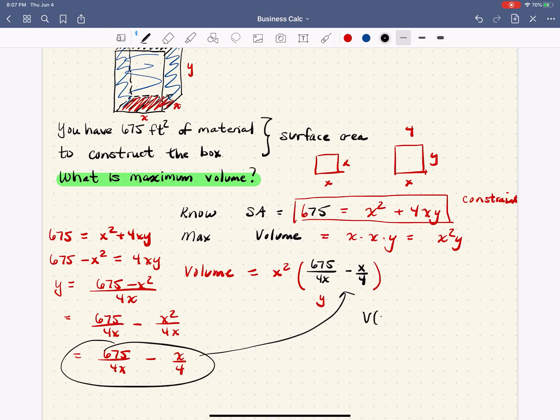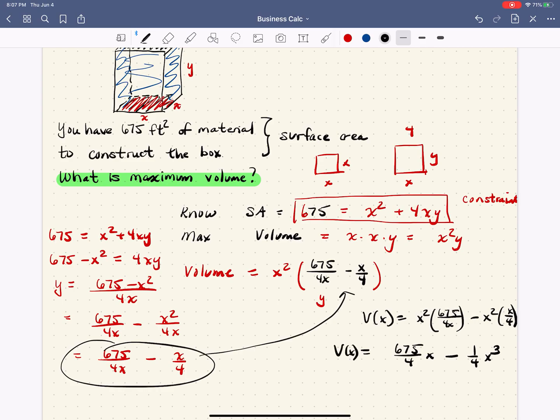So my volume function with respect to x only is x squared times 675 over 4x minus x squared times x over 4. And if I multiply the x squared through, well, x squared over x, that leaves me with an x in the numerator, so that's 675 over 4 x minus, well, I'm going to write it as 1/4 x to the third, and that's my volume function.